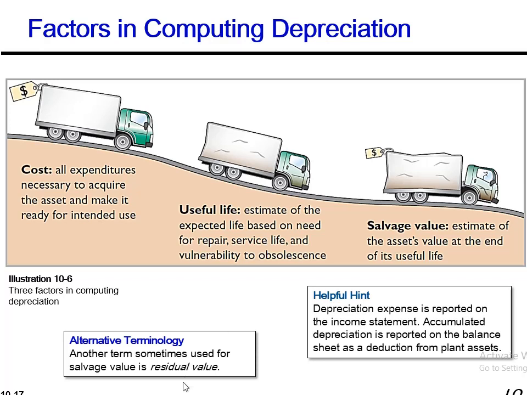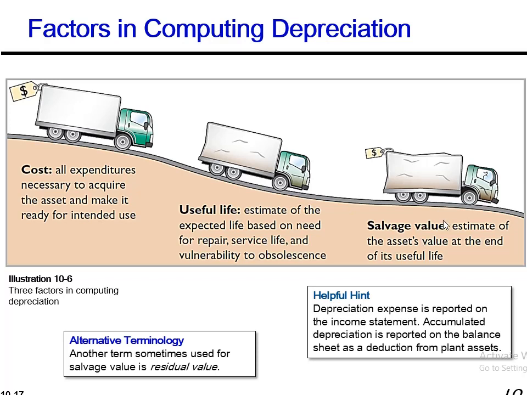It is based on how frequently it needs repair and maintenance, how long it can provide us services, and how quickly it can become obsolete, vulnerability to obsolescence. So you have to know these factors, and based on this you decide about the useful life of the asset. And it's an estimate. Estimates mean probability, guesses, and a guess could change later on.